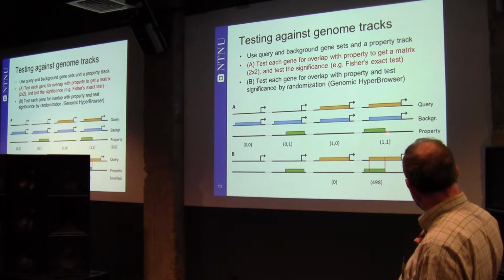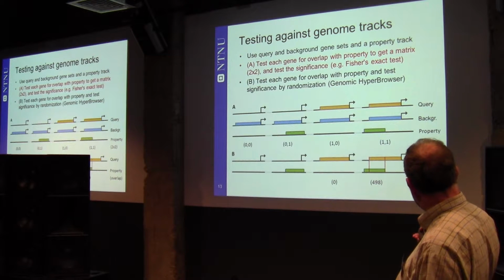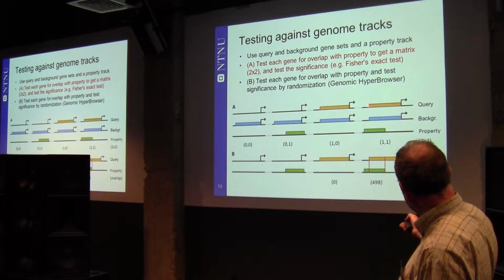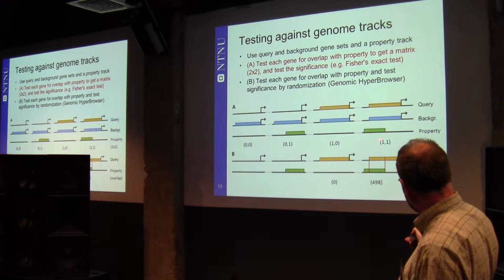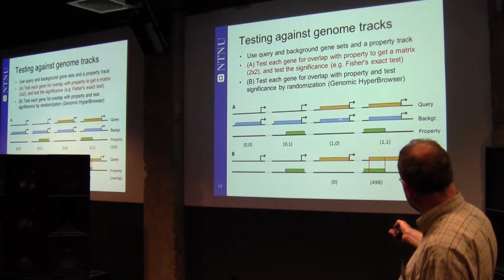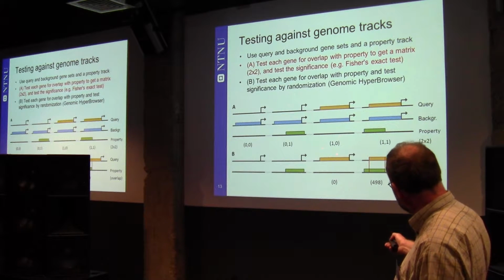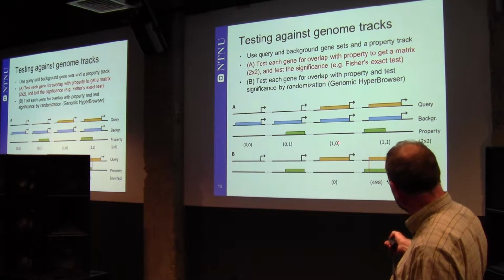And then you have these 4 different cases. This gene belongs to the family of strongly upregulated genes, and it overlaps with the feature, so 1,1. This belongs to the strongly upregulated set, but does not overlap with the feature, so it's 1,0.